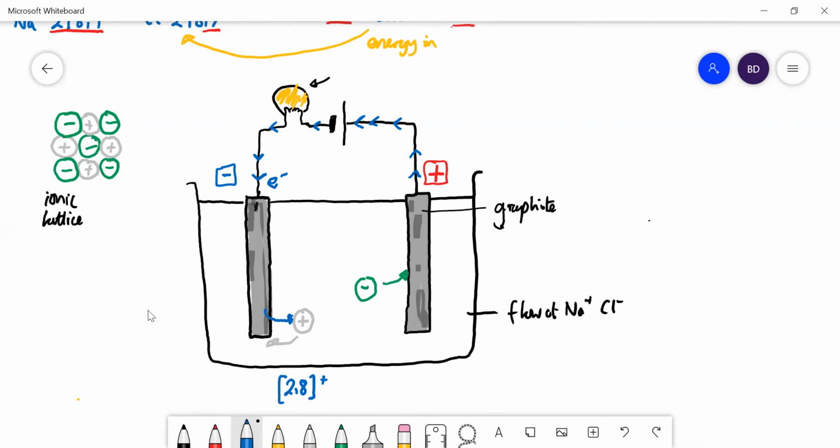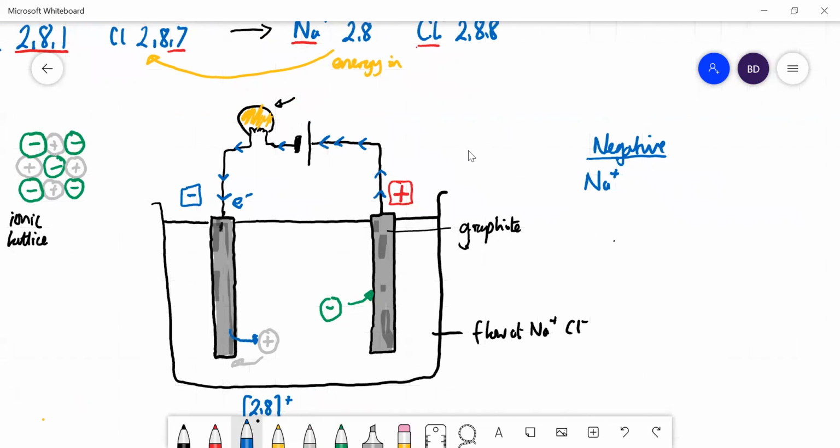So let's write that down. What happens at the negative electrode? We write it as an equation like this. We write down Na+, and if you give it an electron, which is coming, you'll turn it into a neutral sodium atom.